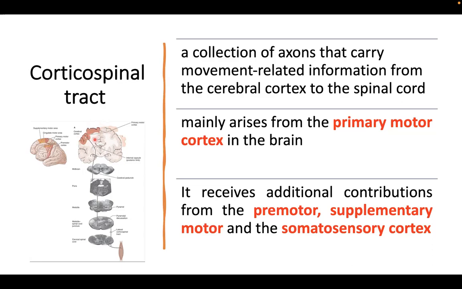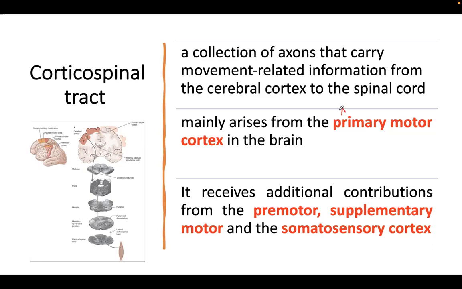From the cerebral cortex down to the spinal cord until it reaches the skeletal muscle for the actual execution of the movement. So the corticospinal tract mainly arises from the primary motor cortex.